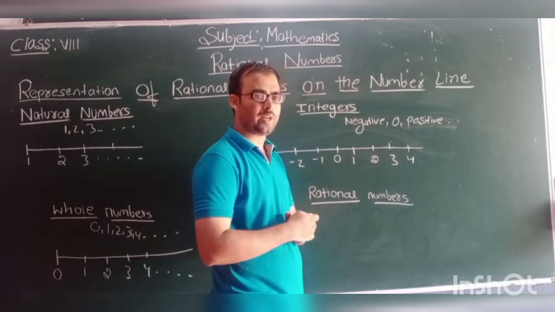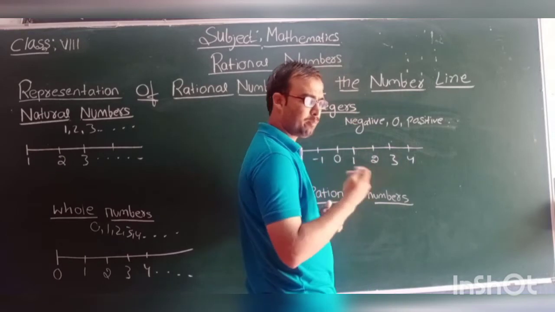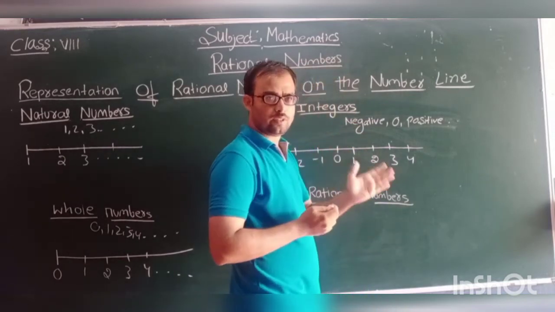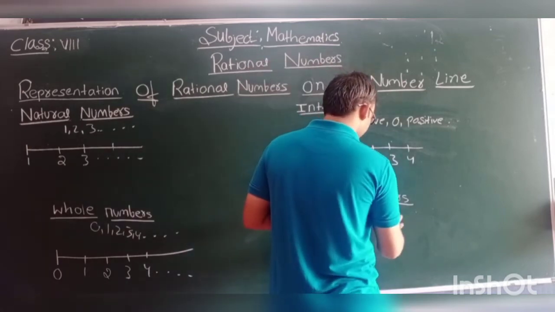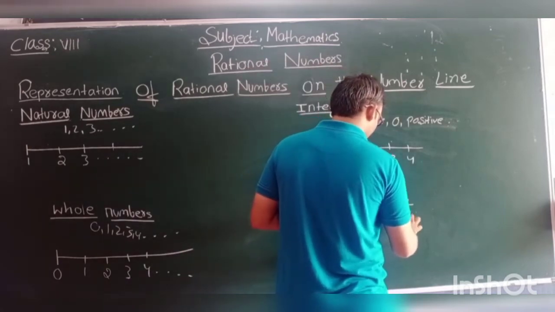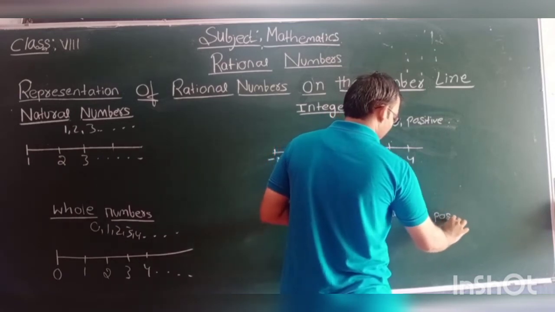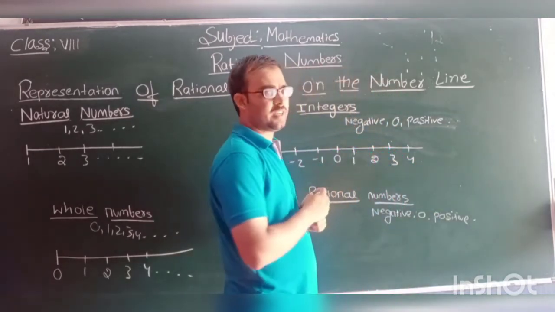Now come to rational numbers. You know that there are negative rational numbers and positive rational numbers, so rational numbers consist of negative numbers, 0 and positive numbers. So what are rational numbers?